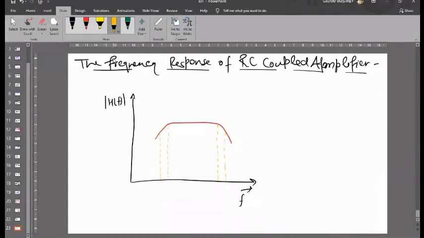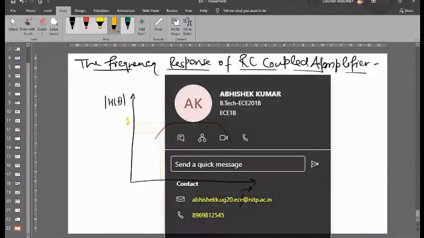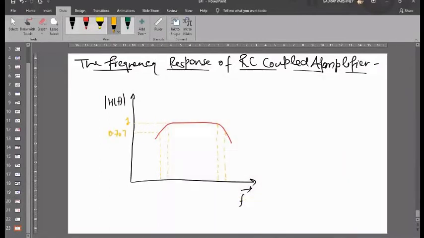At this scale, this has maximum value 1, and at this scale, this has some lesser value. In decibels, this is 0 dB, and this is minus 3 dB. Minus 3 dB equals 0.707.